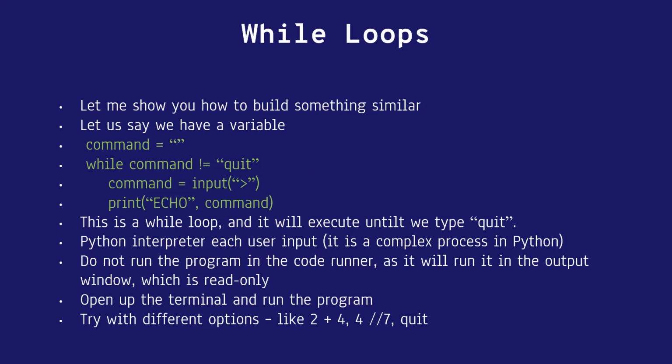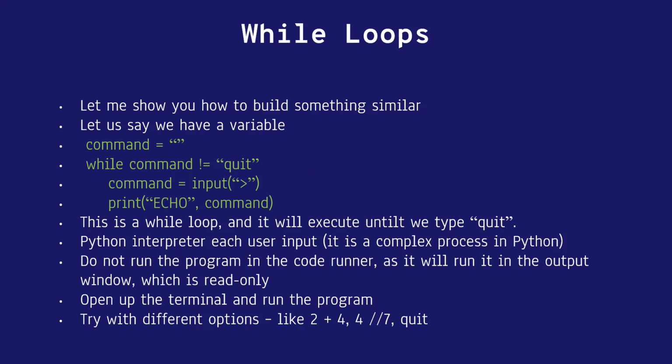Let us say we have a variable, command, equal to an empty string. While command is not equal to quit, command equals input, then you add a label, and print echo command. So this is a while loop, and it will execute until we type quit.